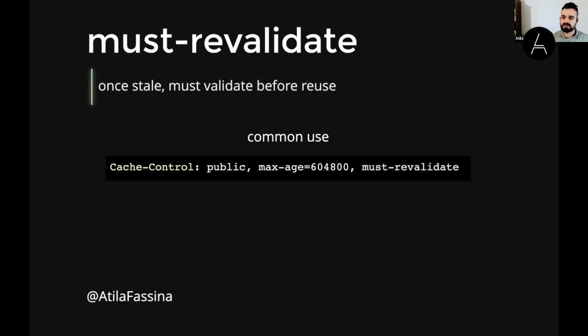When you say must-revalidate, it says if my cache is stale and I cannot revalidate, I'm not going to use it. So that's the slight difference that can make or break the UX for you.